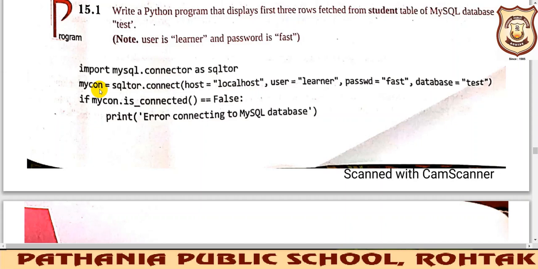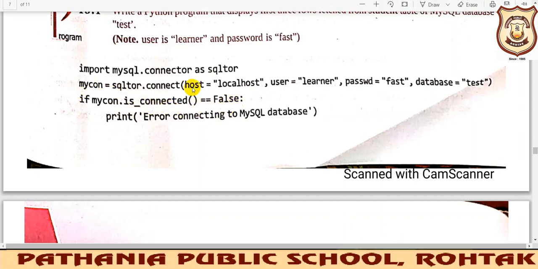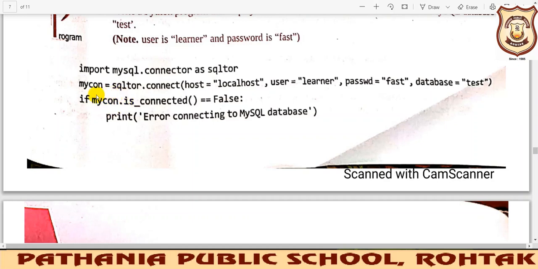Okay, so if myCon.is_connected() equals false, meaning myCon is giving 0. False is 0 always. So if it is 0, that means the connection has not been maintained. So what message should it give?